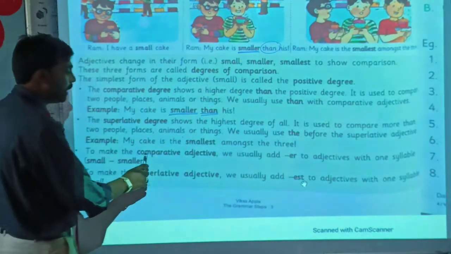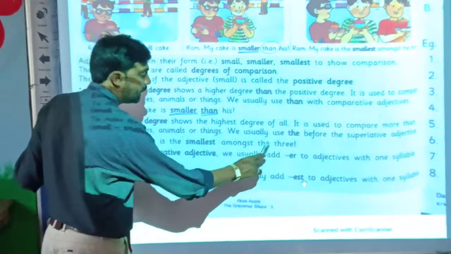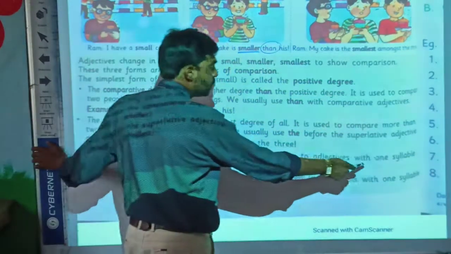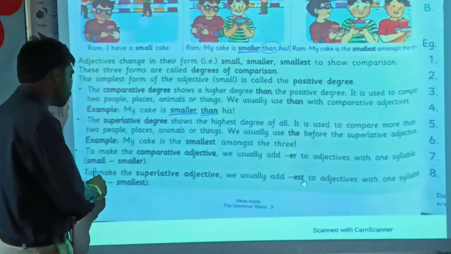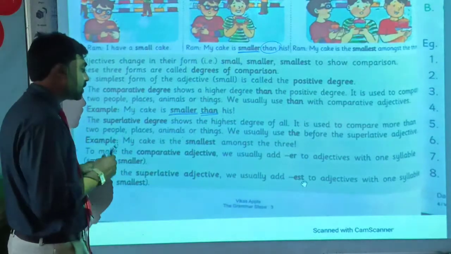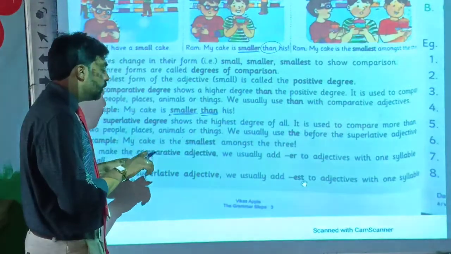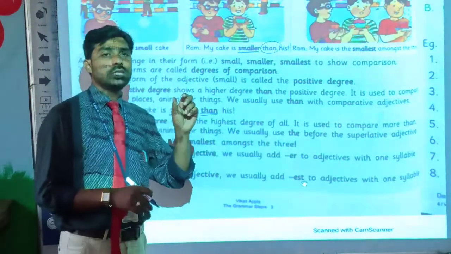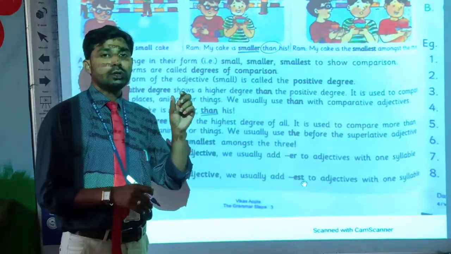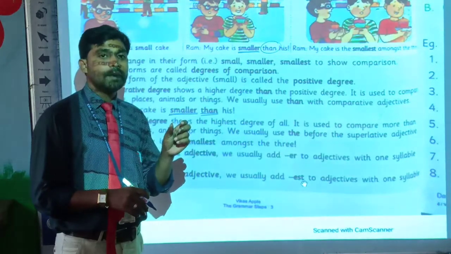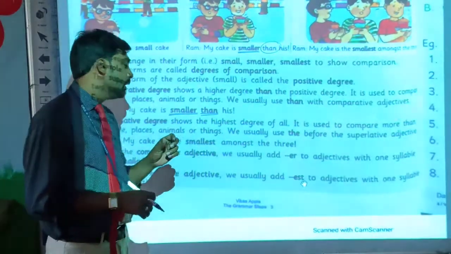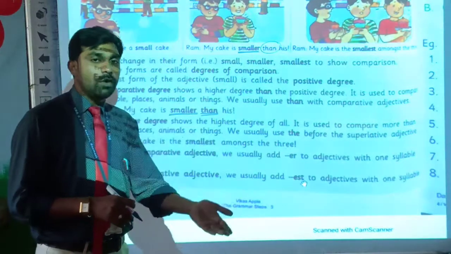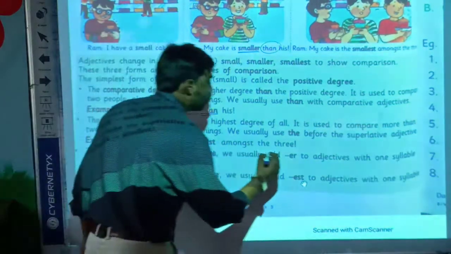To make comparative adjectives, we usually add er to adjectives with one syllable: small, smaller. Dear students, if we have to make the comparative form of adjectives like hot, cool, cold, small, big, what do we do?